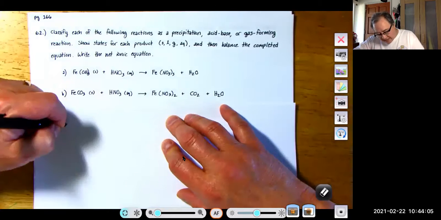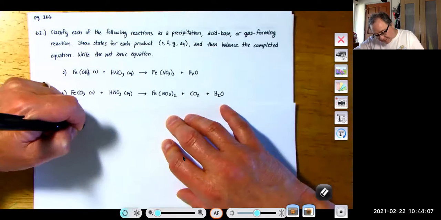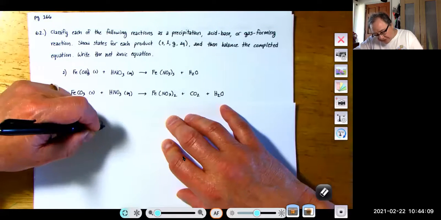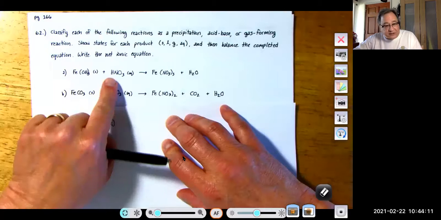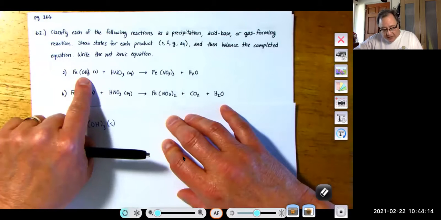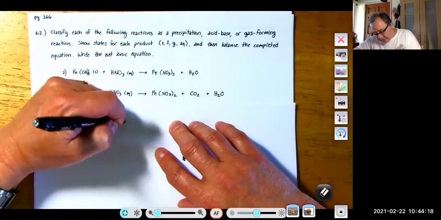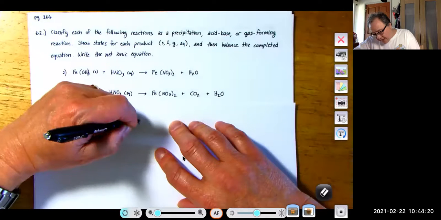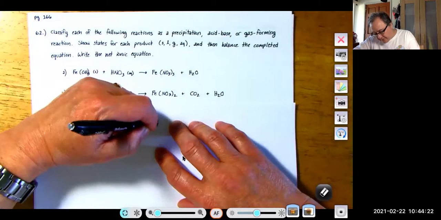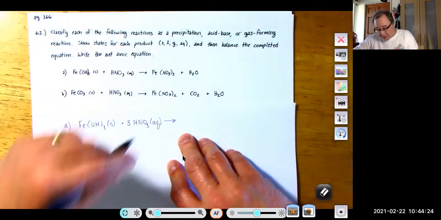So how do we balance acid base reactions? We make sure that we have the same number of hydrogens as hydroxides. Here we have 3 hydroxides and only 1 hydrogen. So I'm going to put a coefficient of 3 in front of HNO3. So I have 3 hydrogens. Now, when you have 3 hydrogens, you're going to make 3 waters.